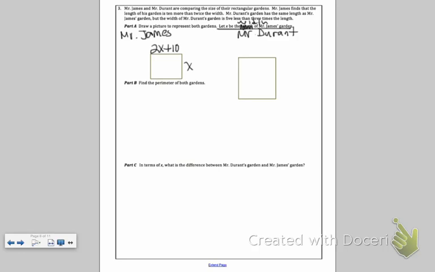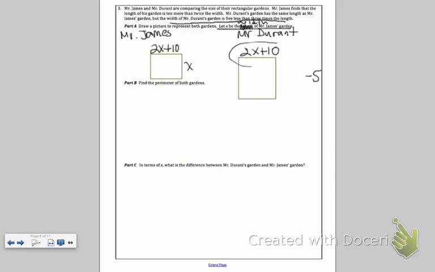Then we're told that Mr. Durant's garden has the same length. So the length of his garden is also 2X plus 10. And the part that's different is the width of Mr. Durant's garden is 5 less than 3 times the length. So we're going to be subtracting 5 from 3 times the length.